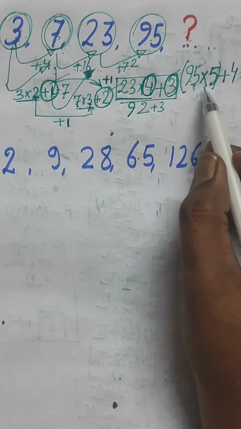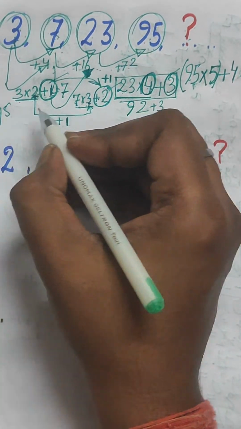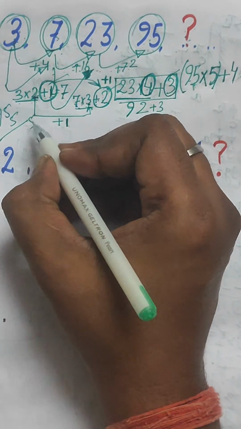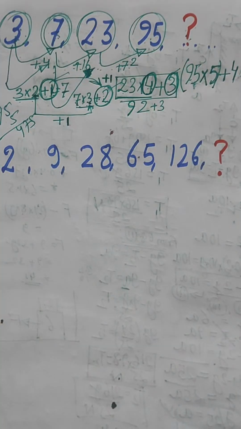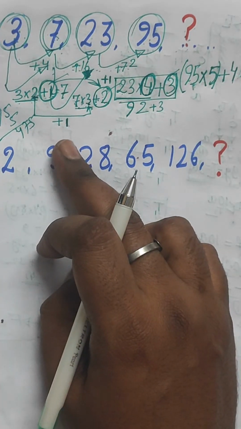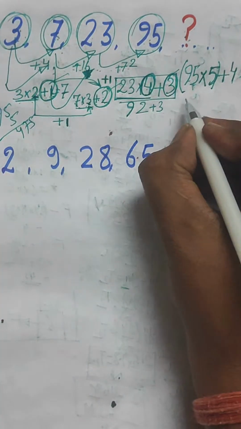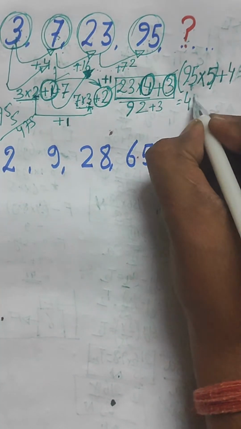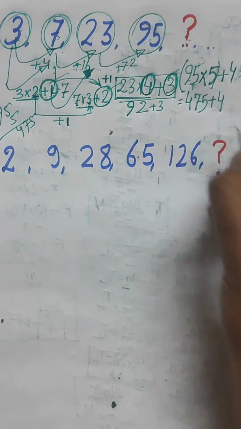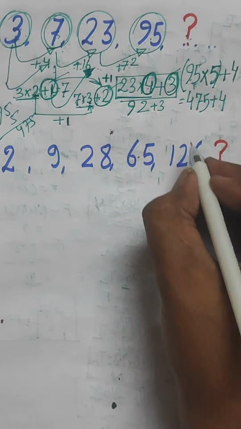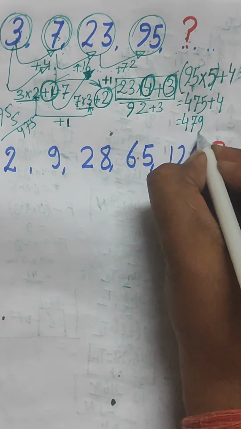95 into 5 is 475. Then 475 plus this 4 gives you 479.